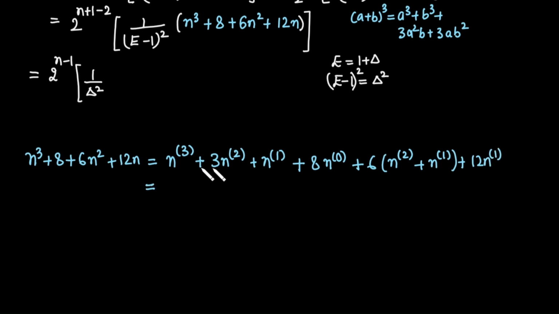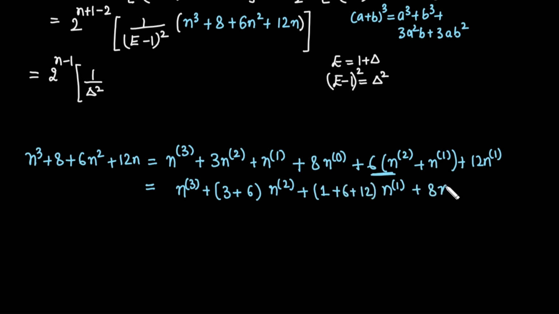This is equal to, now collect the coefficients. The coefficient of n raised to power 3 factorial polynomial is 1. For n raised to power 2 factorial polynomial, it has 3 plus 6 into 1, that is 9. Plus the n raised to power 1 factorial polynomial coefficient: here we have 1 plus 6 plus 12, plus 8 into n raised to power 0 factorial polynomial.